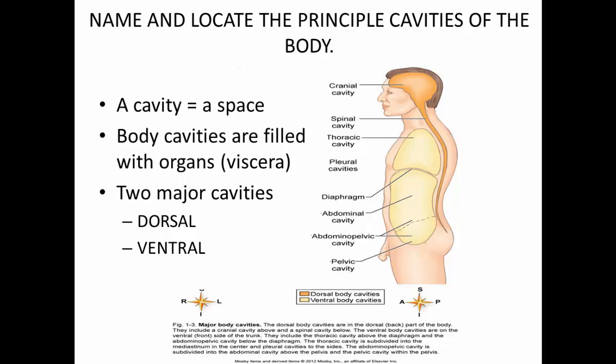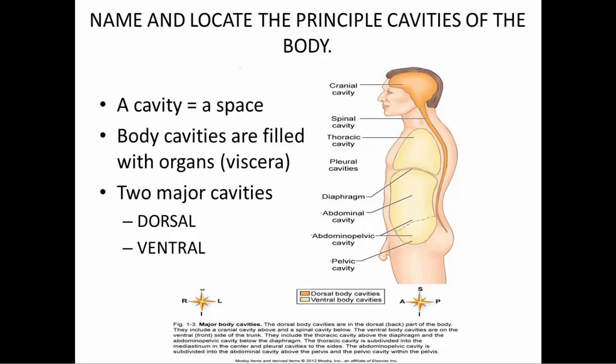Dorsal and posterior basically mean the same thing, the rear portion of the body. And so this is a major cavity at the posterior portion or dorsal portion of the body. Ventral means anterior. And so the yellow region here, the cavity, is the ventral region because it is at the front, anterior or ventral portion of the body.